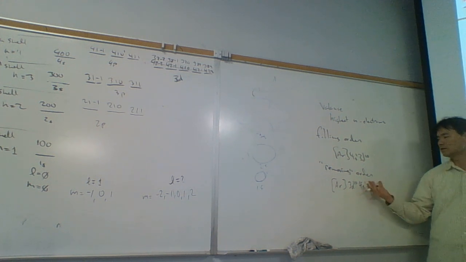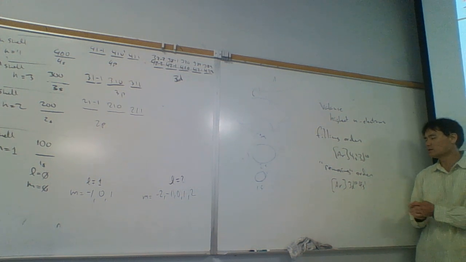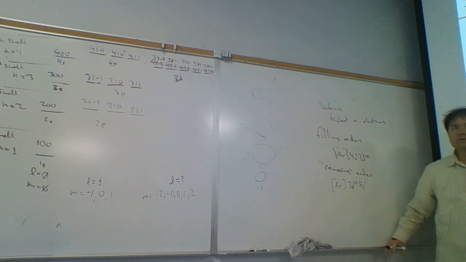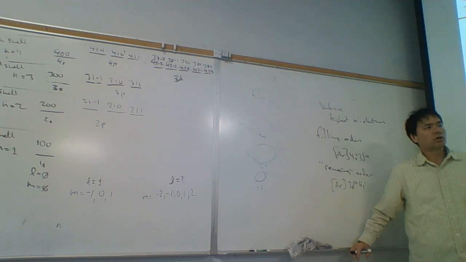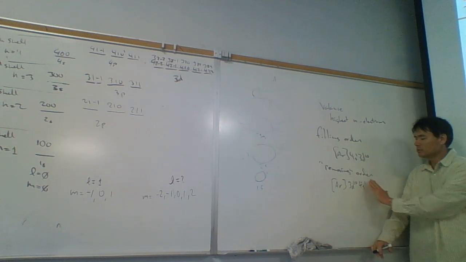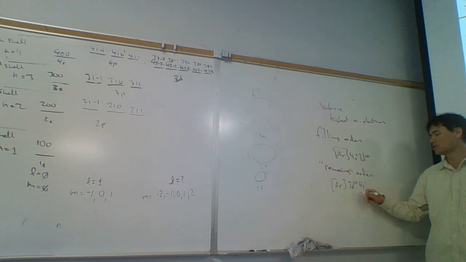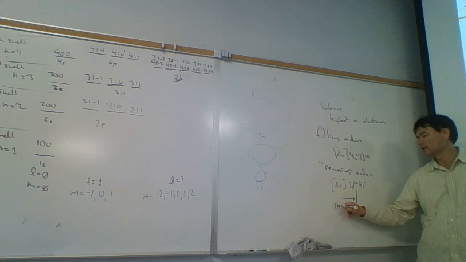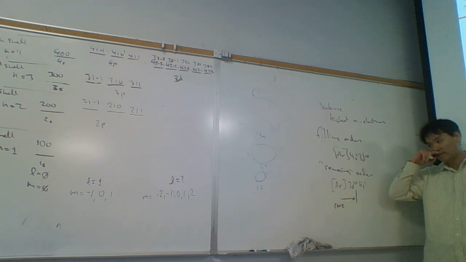If I attack the 4s electron, let's say I remove it, then what is the charge? If copper loses 1 electron, what's its charge? Plus 1. So plus 1 is a common charge for copper. It's not the most common charge for copper. The most common charge would be plus 2, but there's a reason for that. The way we define the core is, yes, we have the argon core, the filled shell.